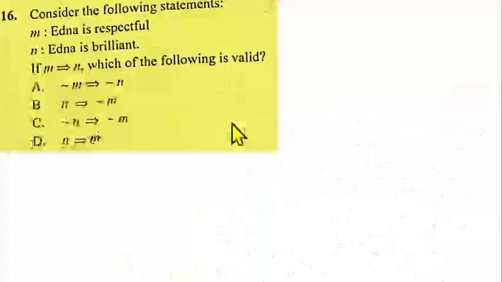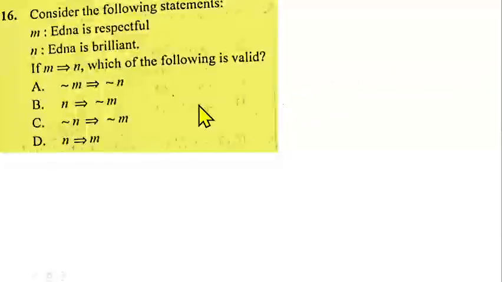Question number 16 is from logic, propositional logic. We have to consider the following statements. We have statement or proposition M: Edna is respectful. We have proposition N: Edna is brilliant. We have that if M then N. That is, if Edna is respectful, then Edna is brilliant.